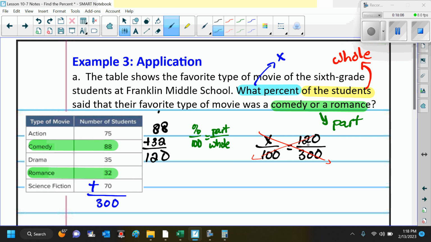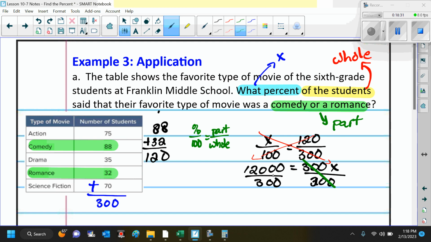And on one side we have 120 times 100. That's going to be 12,000. And we're going to have on the other side x times 300, which is 300x. So now, we can divide by 300 on both sides. Those 300s will cancel.